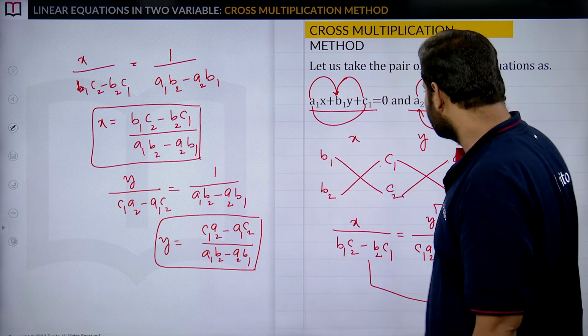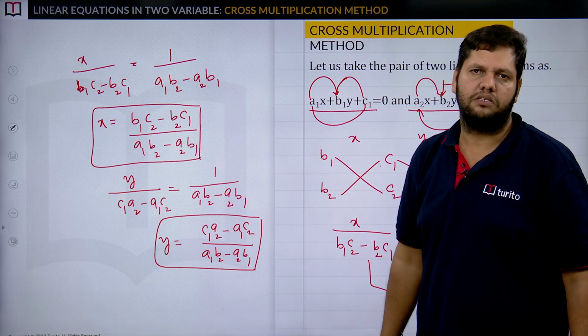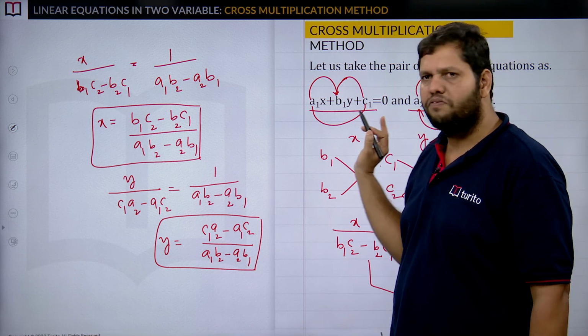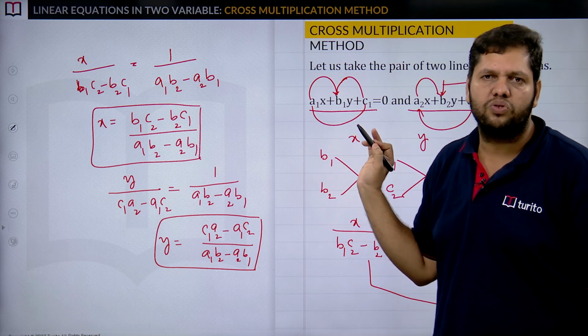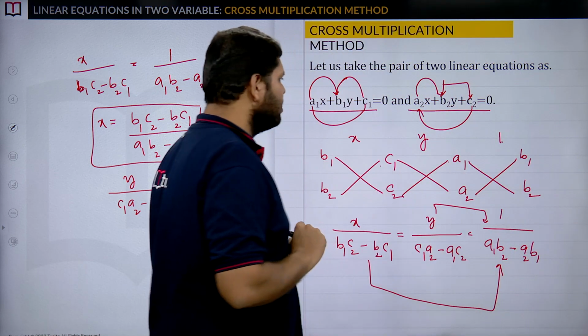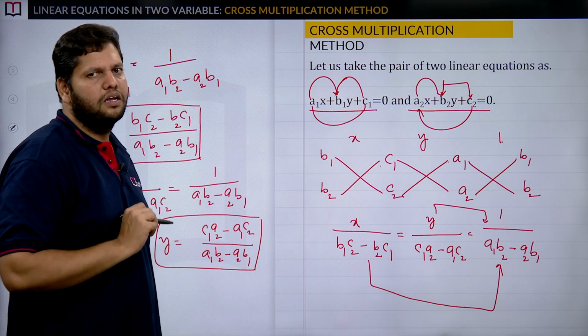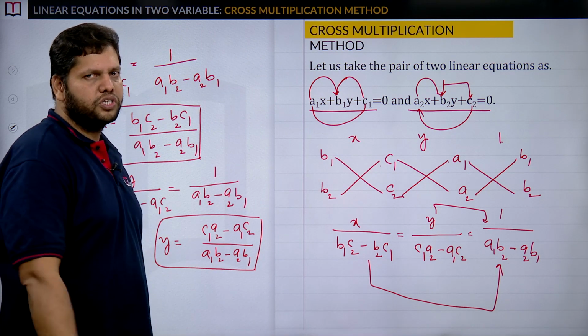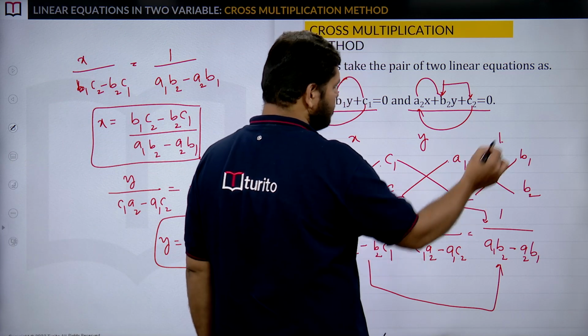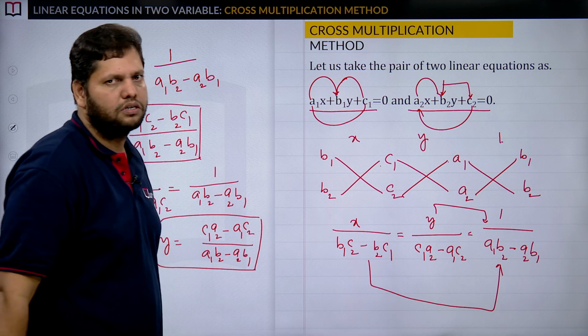Children, this procedure is called the cross multiplication method. By applying this cross multiplication method, we can find the solution directly. First write down here x is a variable, y is a variable and 1 is a constant. Then start with the y coefficient, then constant, again x coefficient, again end with the same y coefficient.